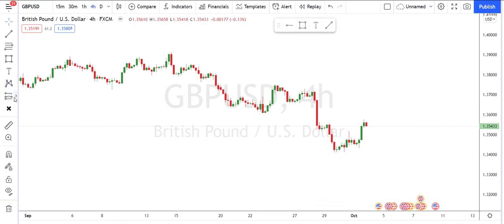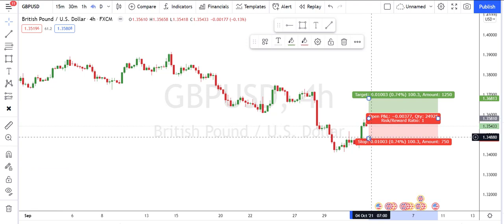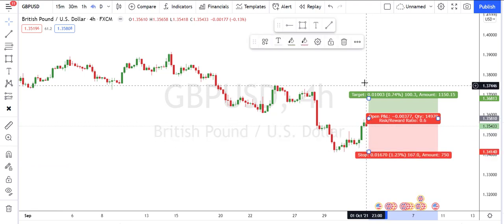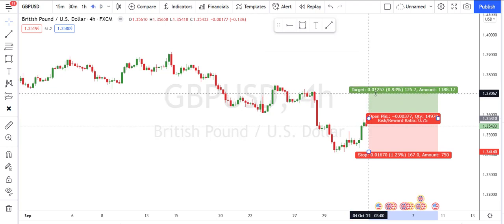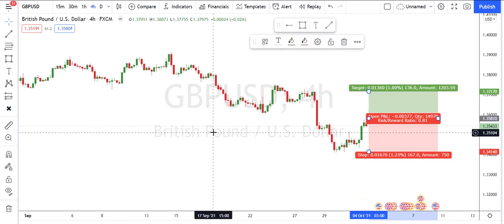So we will take entry from around here, our SL will be just around here, and our TP right here. So that was our analysis for GBPUSD.